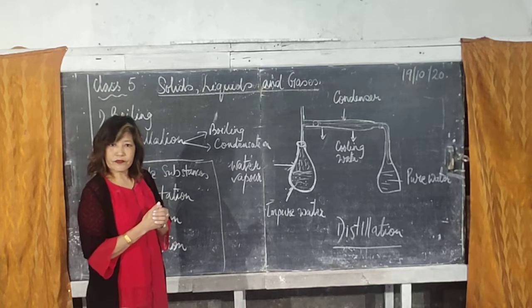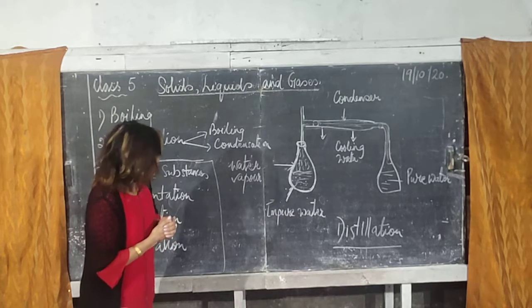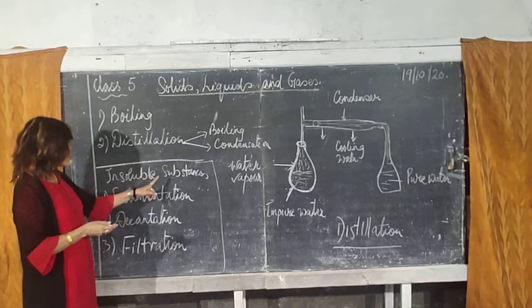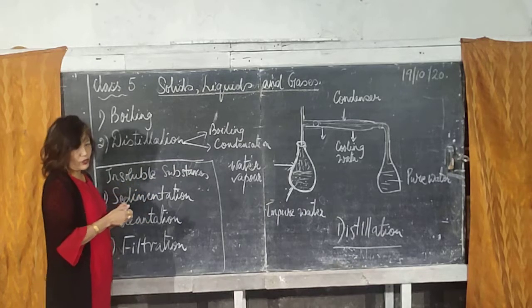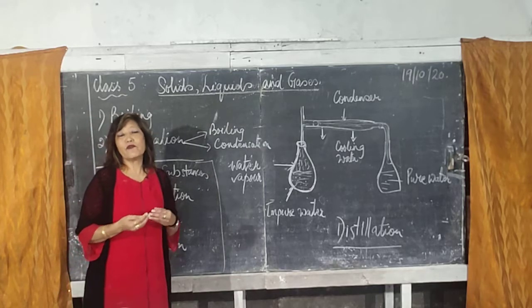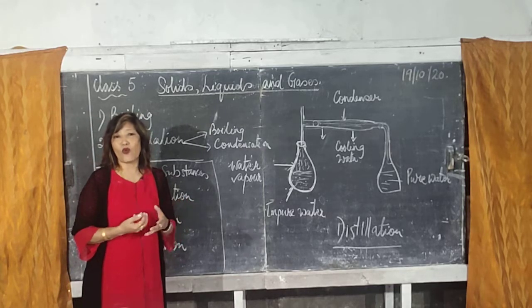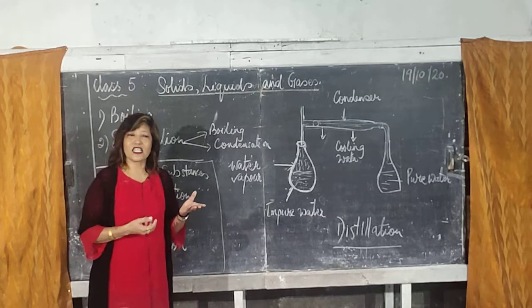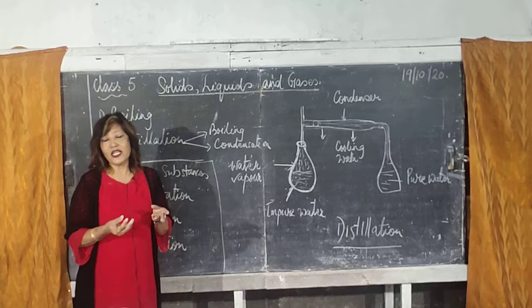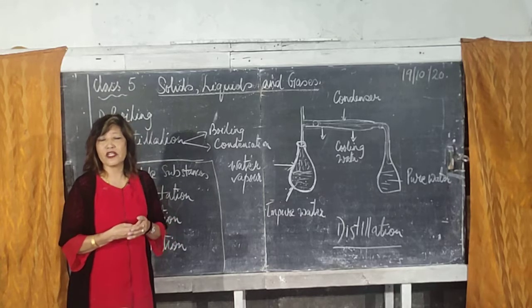Is that clear? Now the second one is separation of insoluble substances from a liquid. Let me give you the example of sand and water, where sand is a solute, and when you add sand in water, which is a solvent, sand will not get dissolved in water.